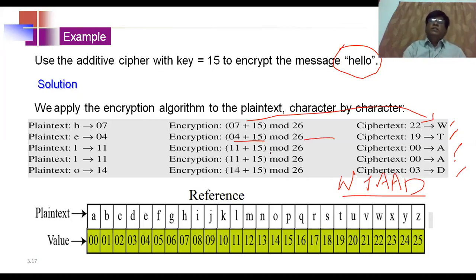That means it is shifted up at the time of conversion to ciphertext, and shifted down at the time of converting back into the plain text. That's why it is called the shift cipher.